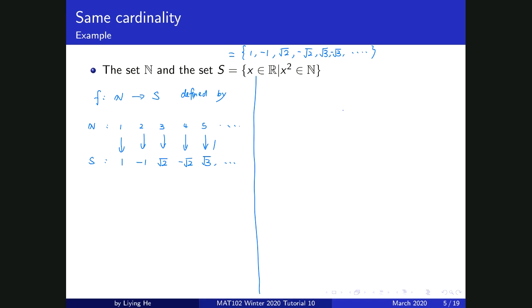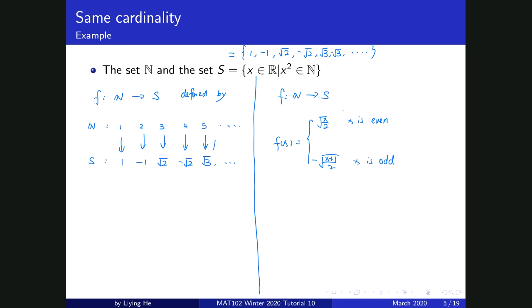So f is still mapped from the naturals to S. My f of x is going to be the square root of x over 2 when x is even, and negative the square root of (x plus 1) over 2 when x is odd.